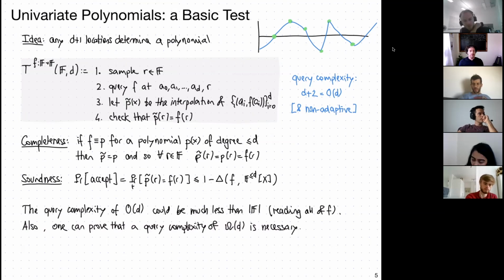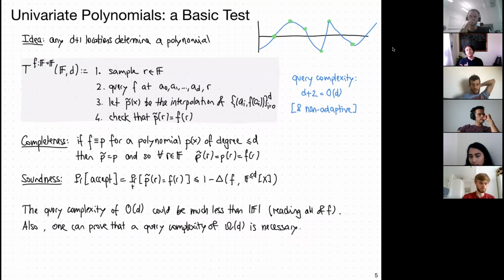Okay, so just to finish the previous line of thought, the query complexity of O(D) is what we get from this test, and one can easily show that any test for univariate polynomials will require this Omega(D). The way to see that is, if you ever heard about the notion of k-wise independent distributions, then this would be trivial.